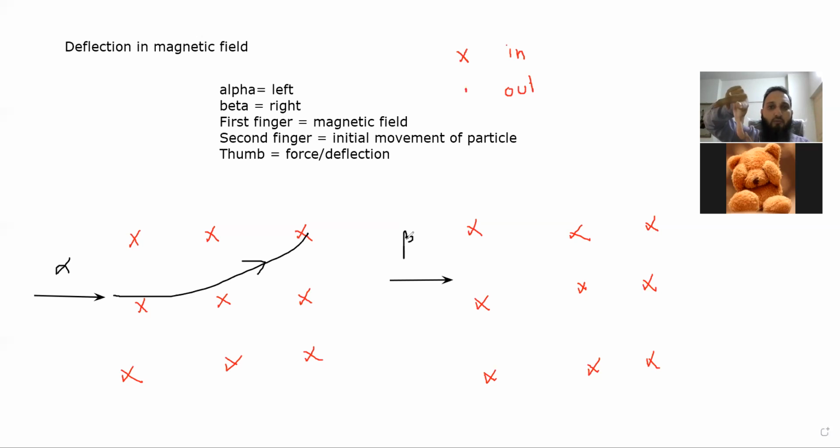My thumb is pointing downward. So if my thumb is pointing downward, when this beta particle enters, it will deflect or go down. Is it clear? That is the deflection of alpha and beta when the magnetic field is into. But it can be the other way around.